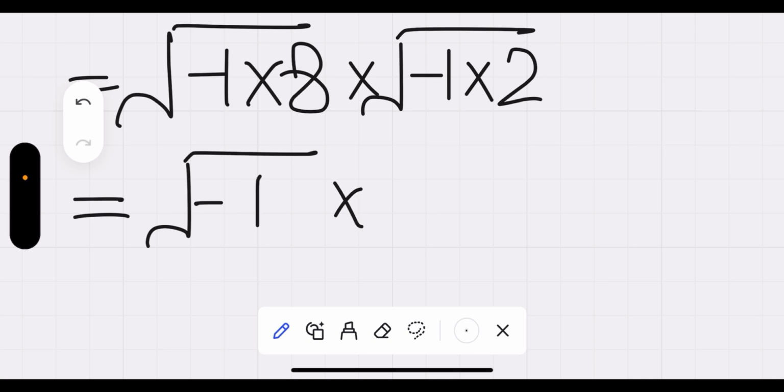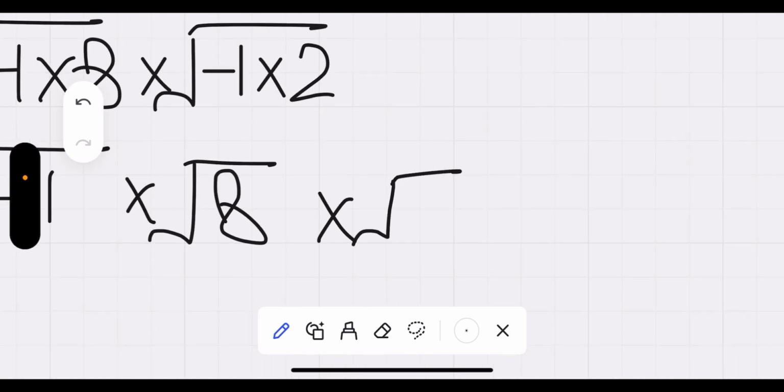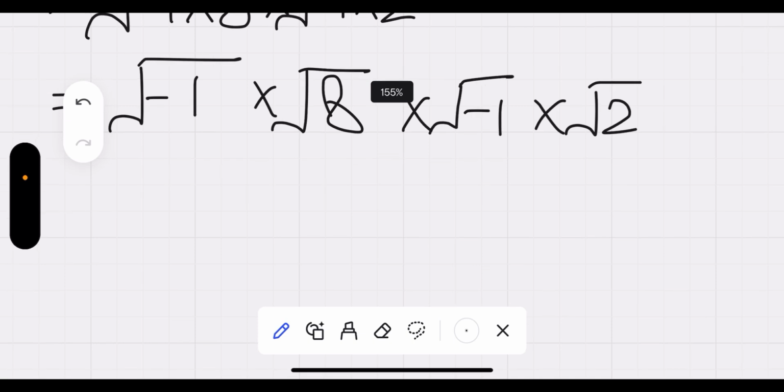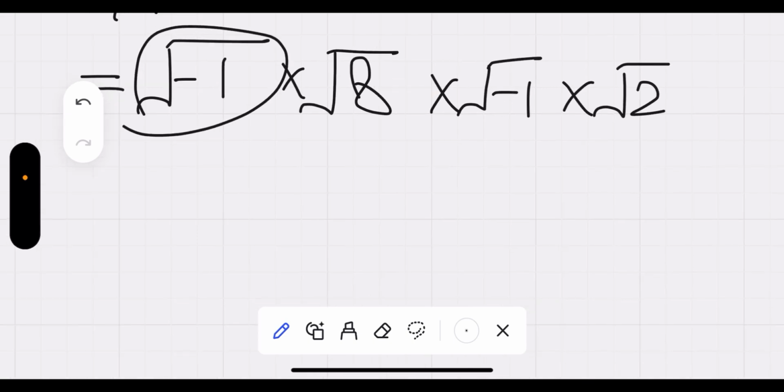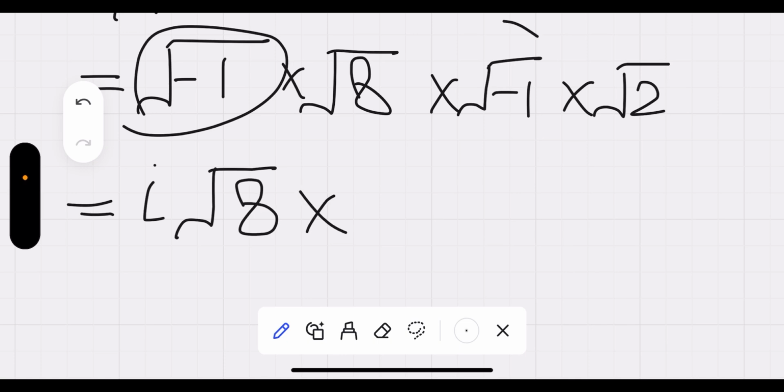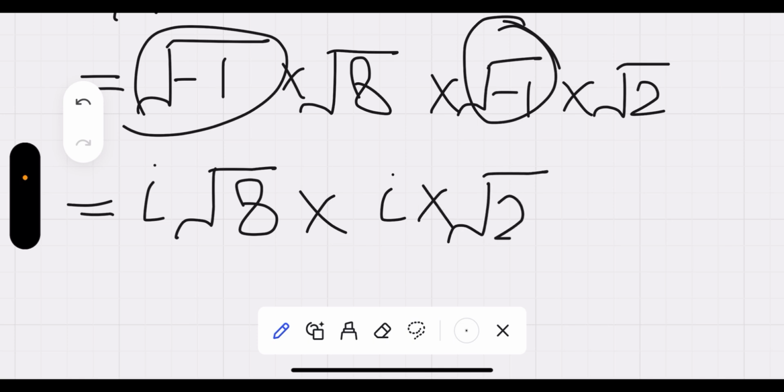Square root of negative 1 multiplied by square root of 8, multiplied again by square root of minus 1 multiplied by square root of 2. For this we can replace by iota, square root of 8, and multiplied by, for this again we replace by iota and square root of 2.